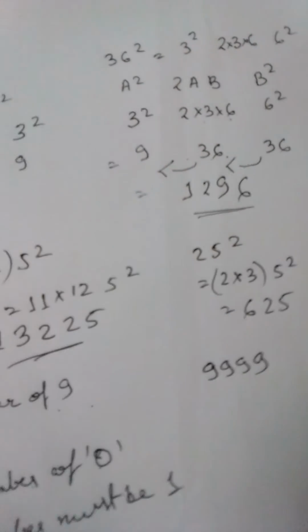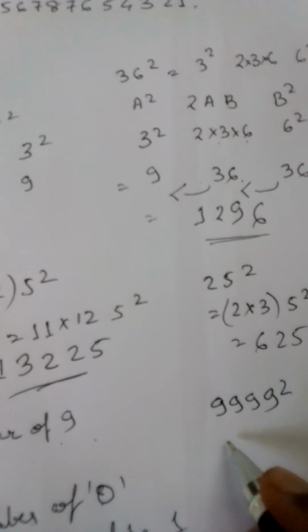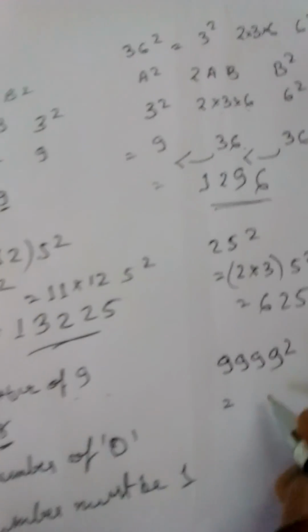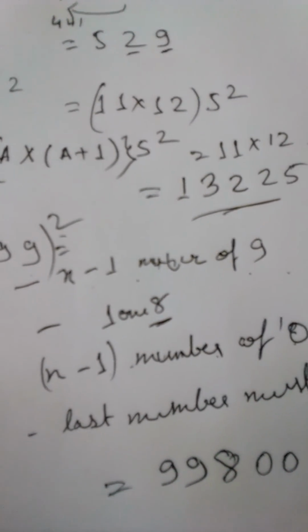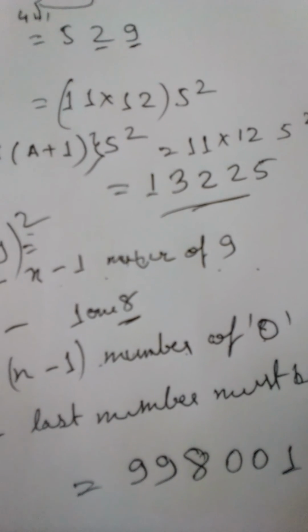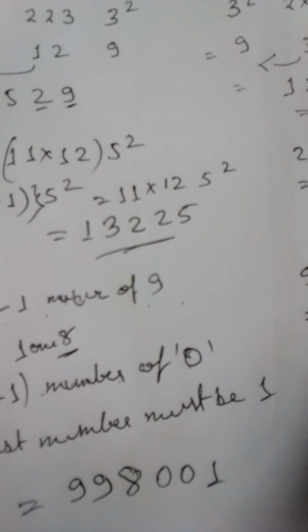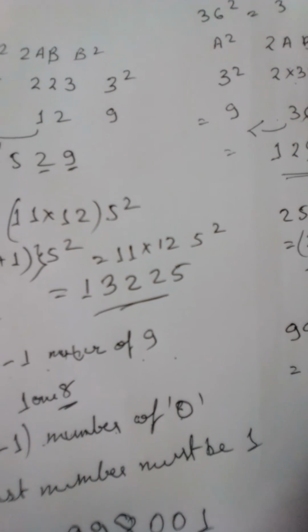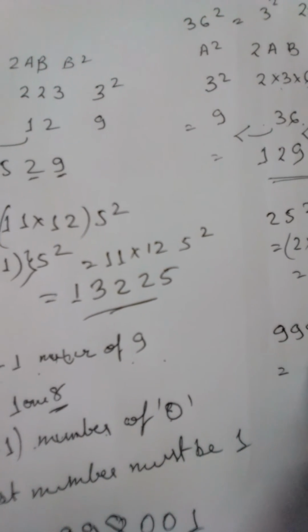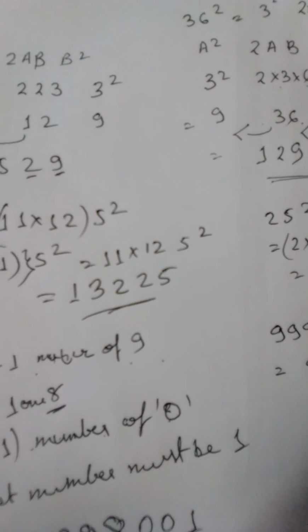Take another example of, say, 9999. The square of 4 nines: in the first step we have seen that n minus 1 number of 9s, so there are 4 nines. So 4 minus 1, 3 nines will be the answer.